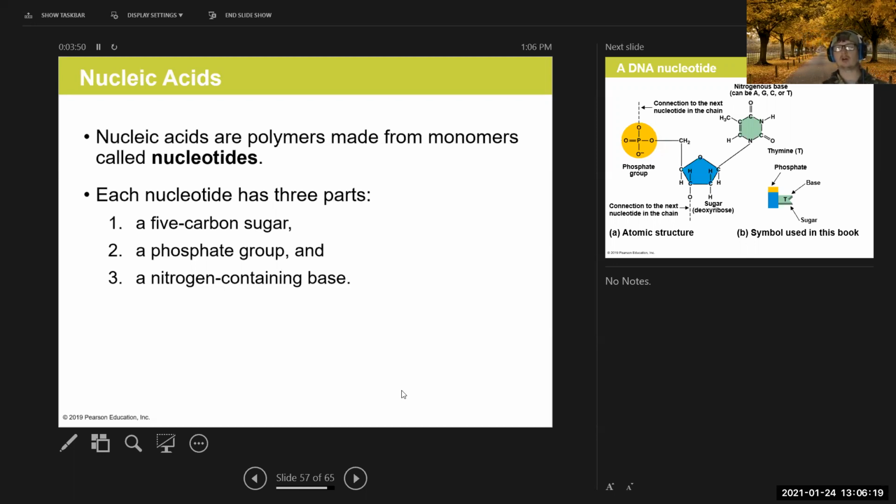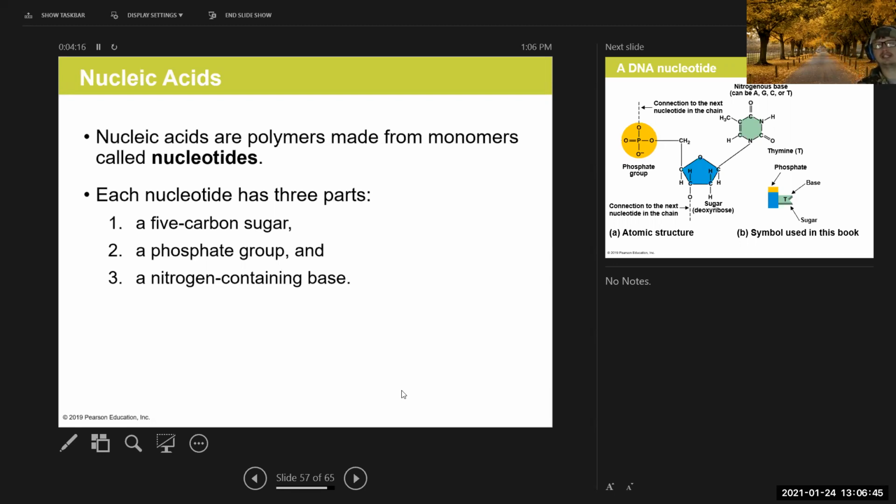The sugars will also have a phosphate group attached to that molecule and a nitrogen-containing base, so a nitrogenous base. The nitrogen-containing molecule will determine what nitrogenous base the nucleotide actually is.